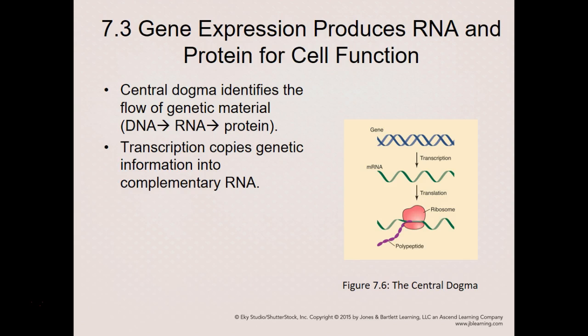The information in our genes can't be turned into protein directly. So it has to be transcribed into a new language called RNA, and then RNA can be translated into a protein. And this is protein synthesis.